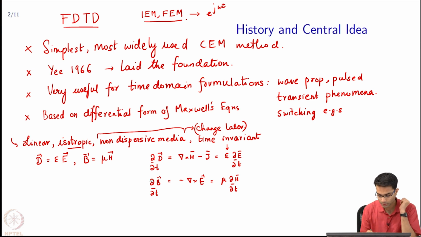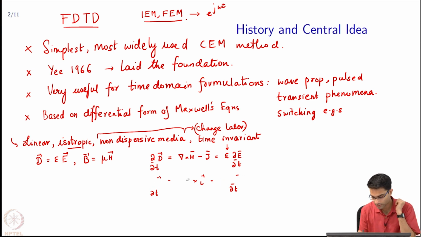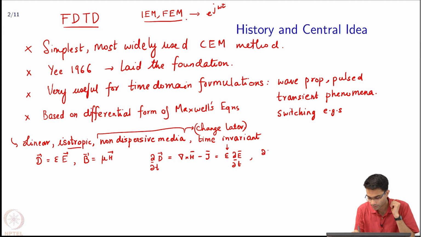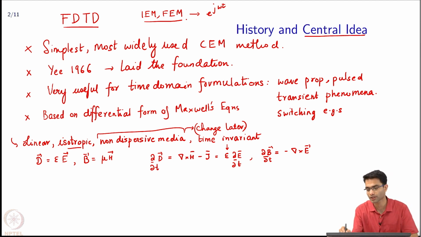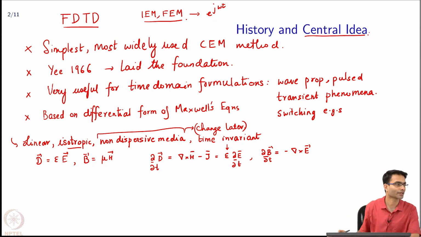All right. So let's actually write this equation on the right hand side. Make some space over here. So we had del B by del t is equal to minus curl of E. So far I have only told you about the differential form, and now what is the central idea that you use in finite difference time domain?